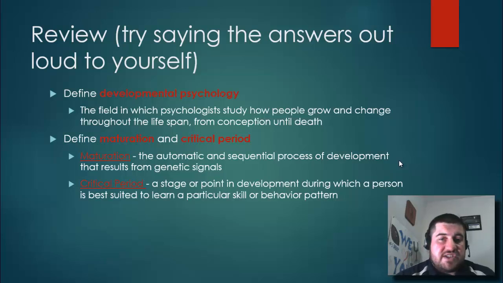The field in which psychologists study how people grow and change throughout the lifespan. And then your 2 key definitions here: define maturation and critical period. Maturation is the automatic and sequential process of development that results from genetic signals, and a critical period is a stage or a point during which a person is best suited to learn a particular skill or behavior pattern.